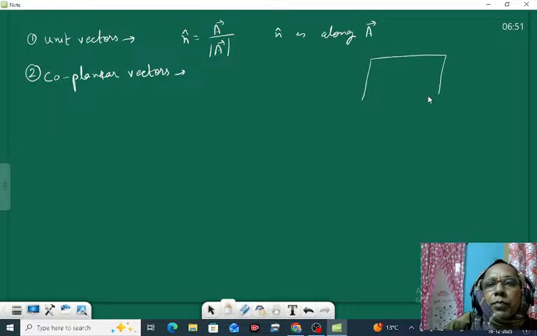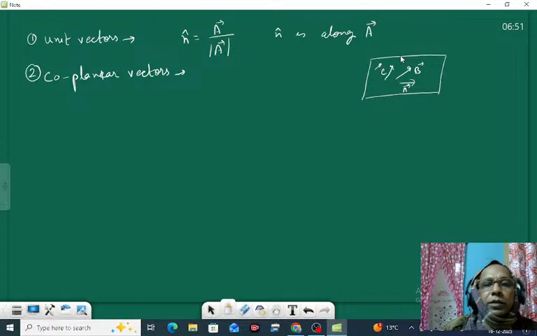Suppose this is the plane of the paper, and three vectors are represented here: a vector, b vector, and c vector. They are in the same plane, and so a, b, c are coplanar vectors. Coplanar vectors means that the vectors are in the same plane.